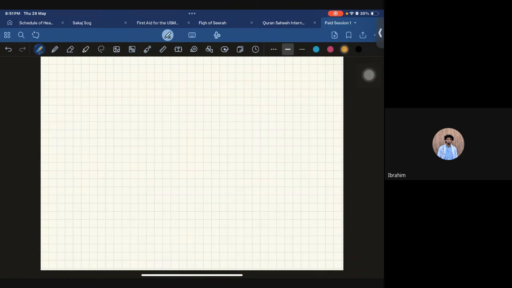Let me see if I can get anything else on which we can apply middle term breaking. Okay. X square minus 2x minus 3. How will we break the middle term over here?